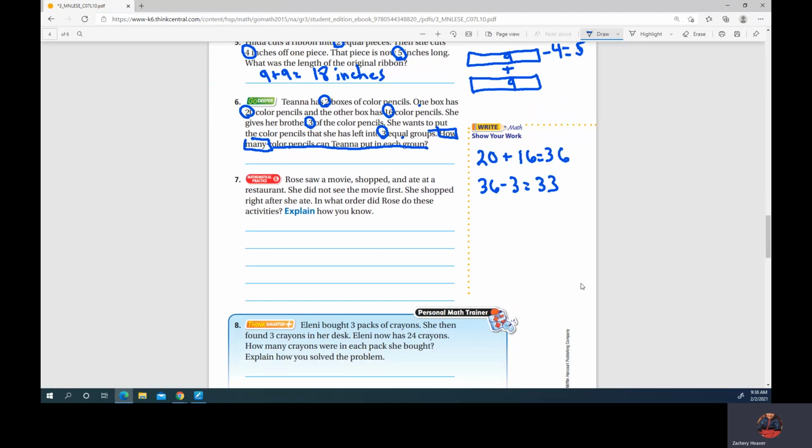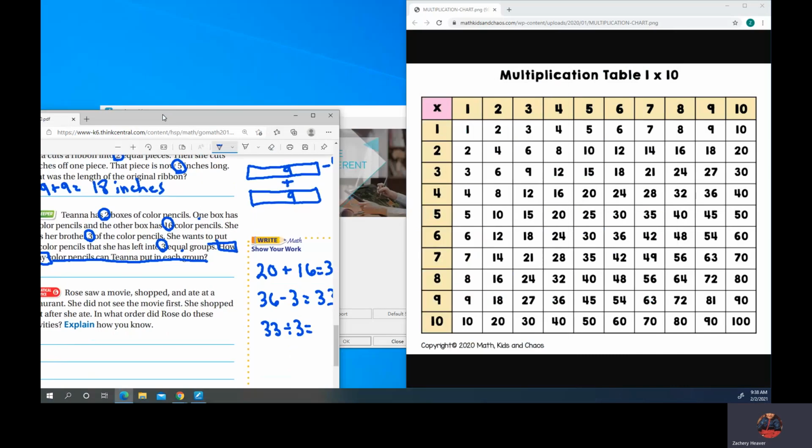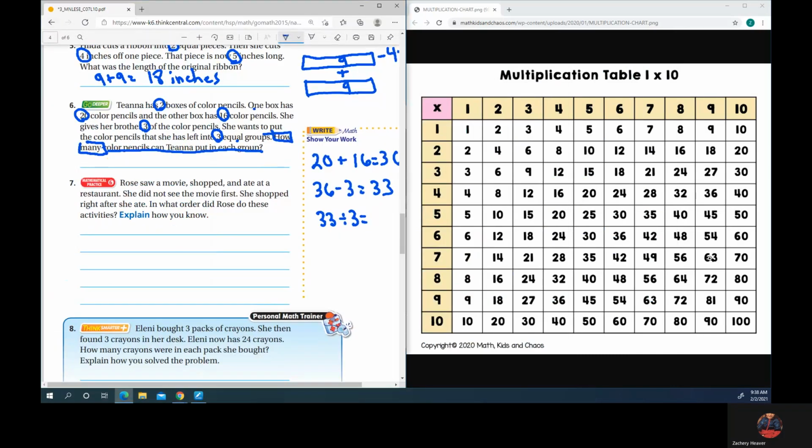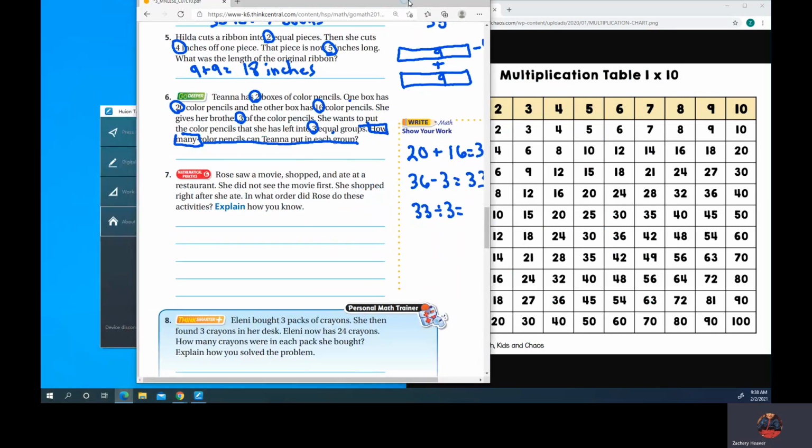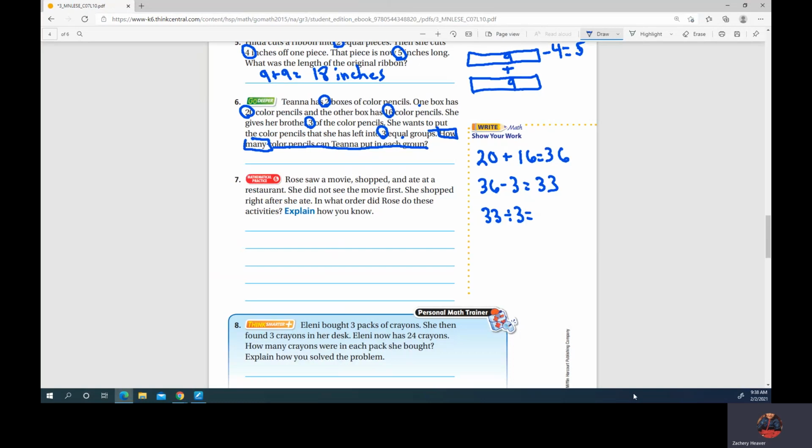Now, she has 33 pencils and she wants to put them in 3 equal groups. So it's going to be 33 divided by 3. And that's a big number. So let me go to 3. Go down to 33. Can't see it, but we know if 10 times 3 is 30, add 3 more to make 11.